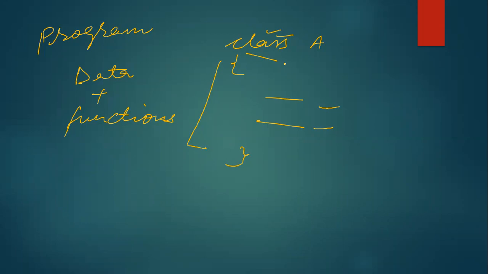And now the second principle, let us see inheritance. So dear students, what happens in inheritance? You know, in a program we can have more than one class.